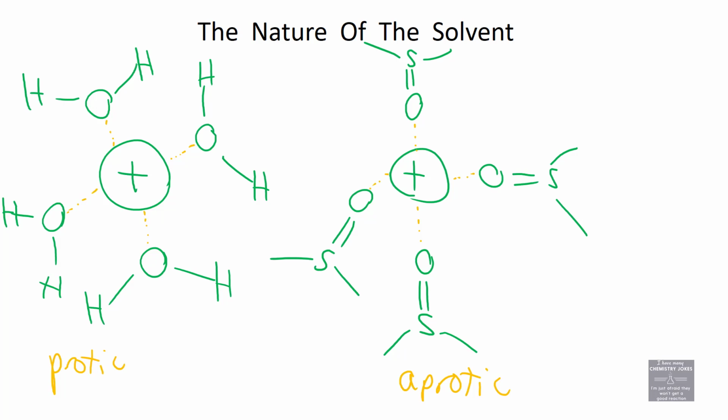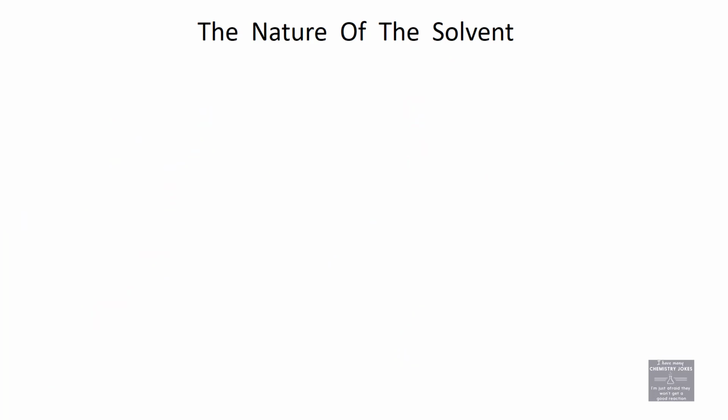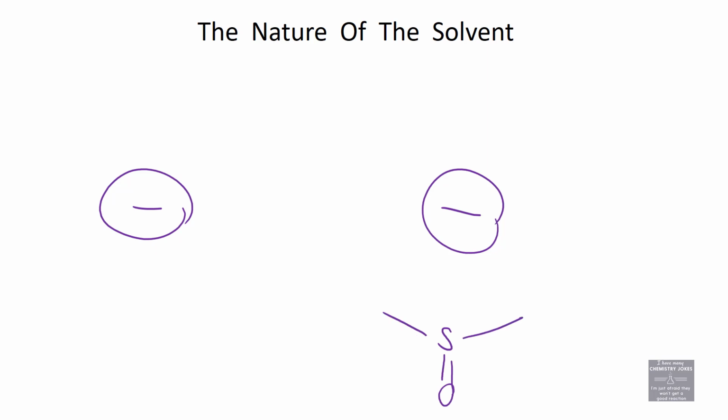Give me another slide. Hold on. If you're in aprotic solvents, that anion is not so easy to solvate. Let me show you. In DMSO, it's the sulfur that has the partial positive charge, and that partial positive charge is kind of buried. It's tucked beneath the other atoms.